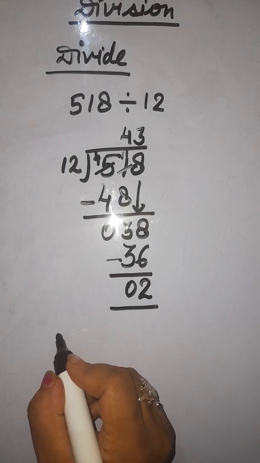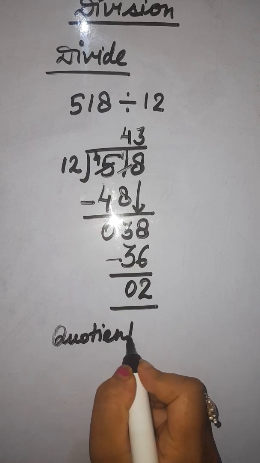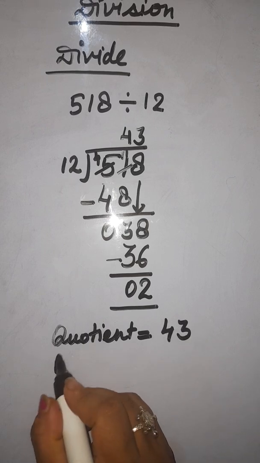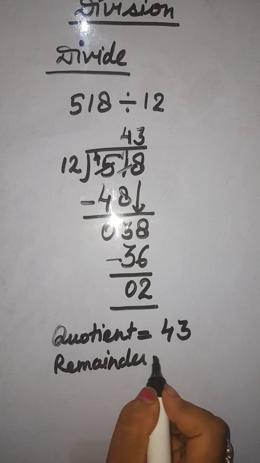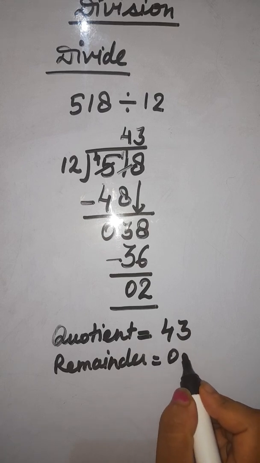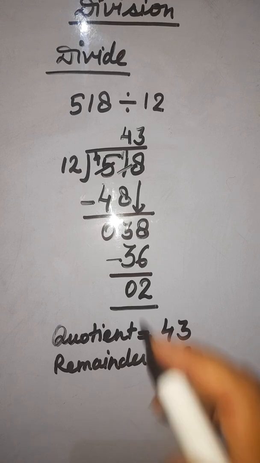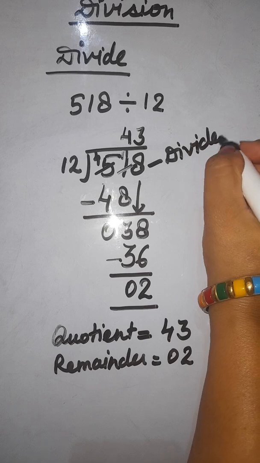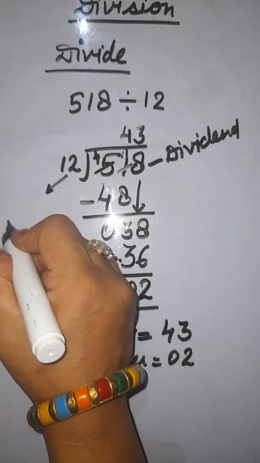So our quotient is equal to 43 and remainder is equal to 2. So this is the dividend and this is the divisor.